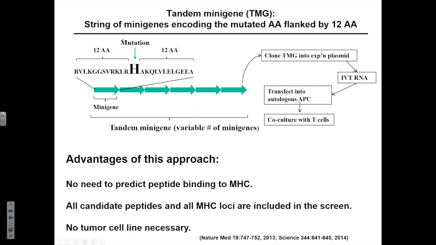If we transfect all of these mini-genes into the patient's own antigen-presenting cell, we let that patient's dendritic cell do the prediction for us. It contains all the class 1, all the class 2 molecules. We put all of these genes into that antigen-presenting cell, and now just co-culture it with the T cells that caused a complete regression of cancer in that patient.